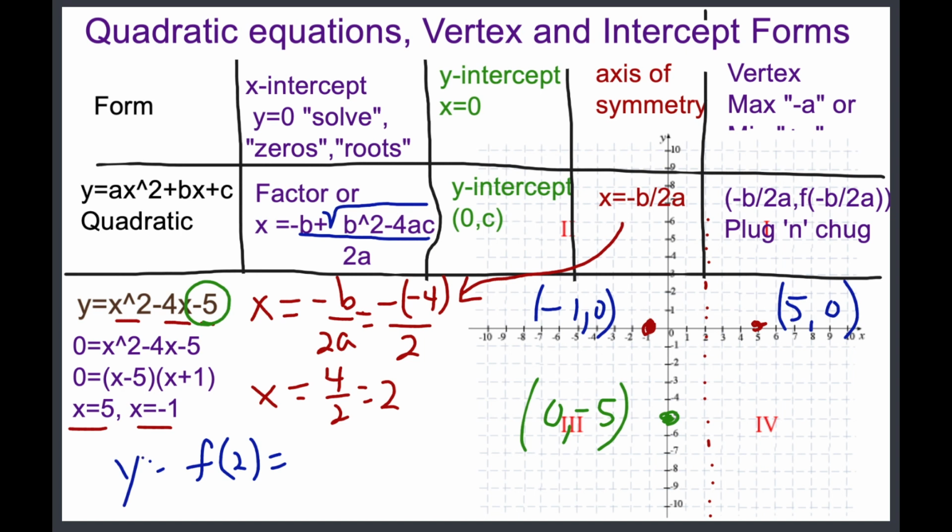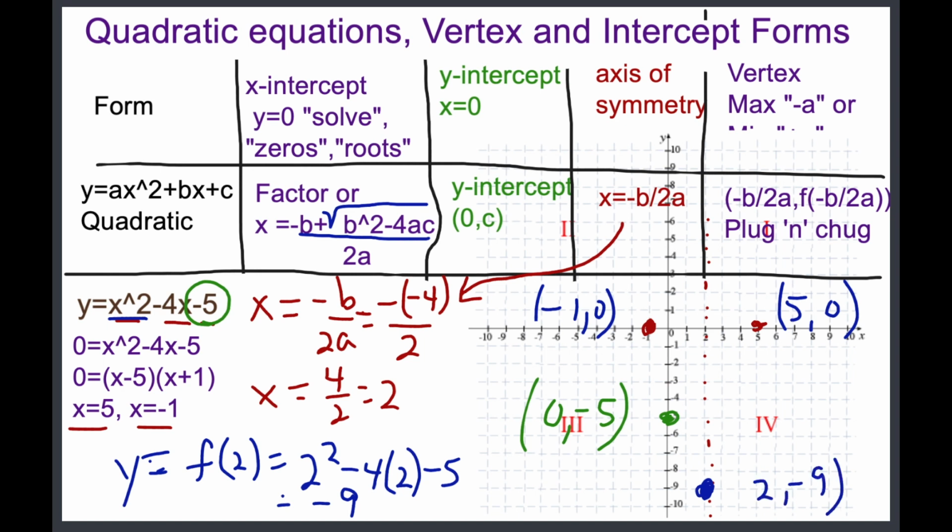Y is substituted by f at 2. And we plug it into the original equation, 2 to the second minus 4 times 2 minus 5, and we get negative 9. So that means my vertex is 2, negative 9. So that puts it right there.